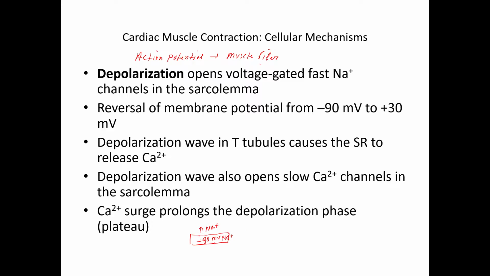The sodium channels in the cell membrane get opened, and these are voltage gated sodium channels. That means they open very fast. So now you know sodium concentration is high outside, that means low inside. We always know that chemicals move from high concentration to low concentration. So sodium will get in from outside to inside.